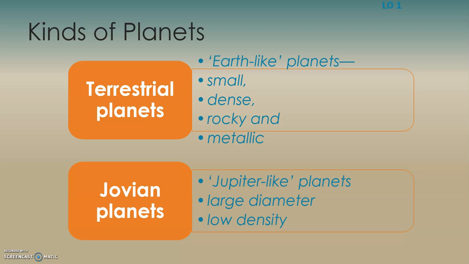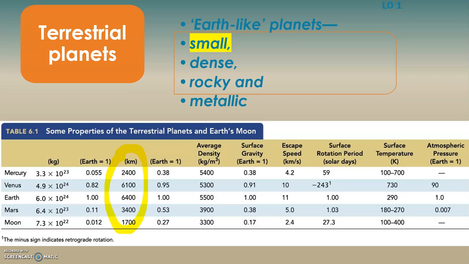And let's go into a bit more about our terrestrial planets that are in our neighborhood. We call them small because their diameter is small. You see there that it goes anywhere from 2,400 kilometers for Mercury up to Earth, which is the largest in the neighborhood at 6,400 kilometers in diameter.